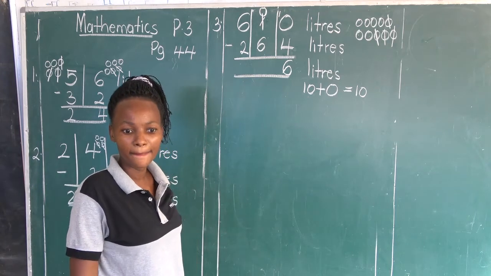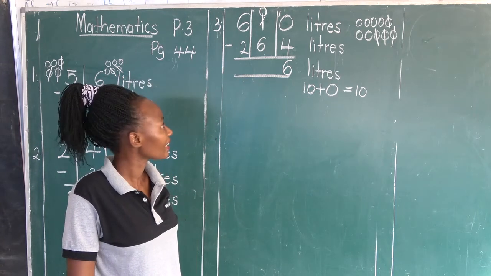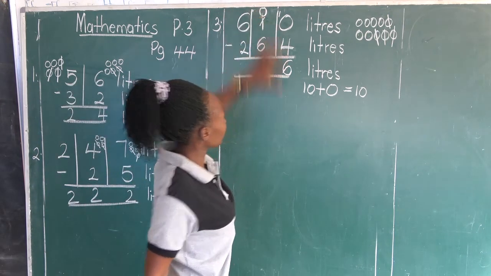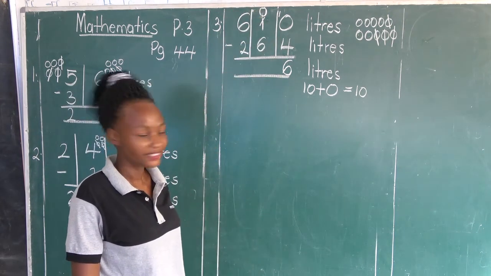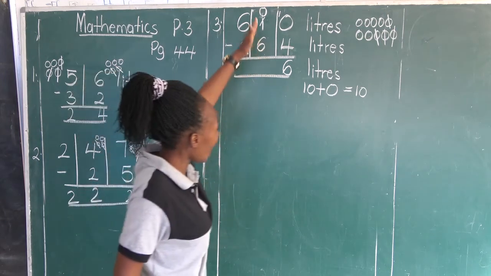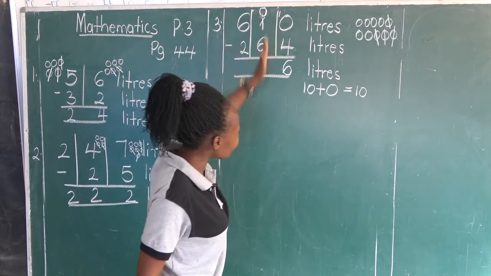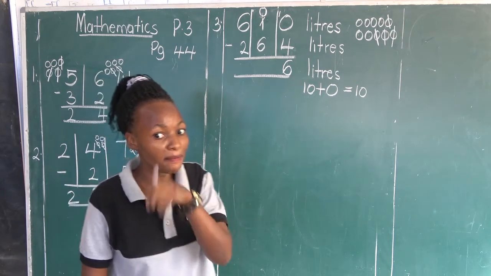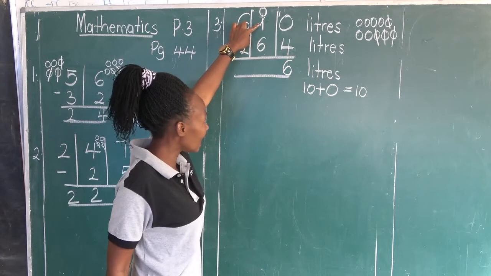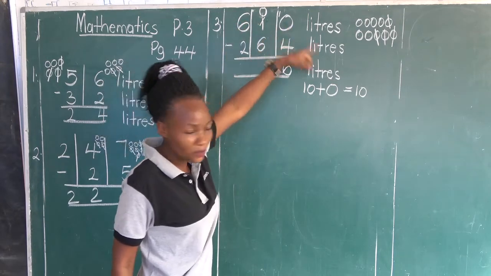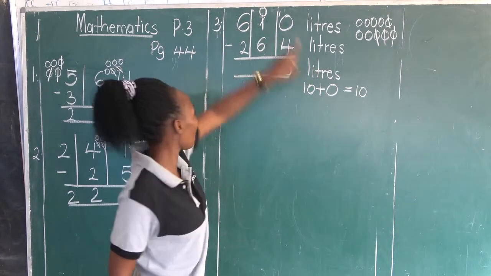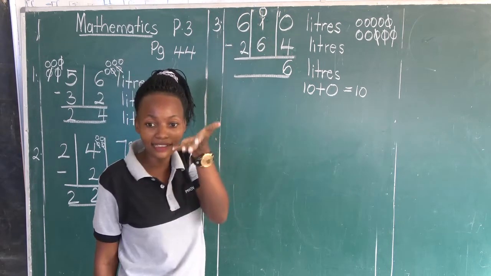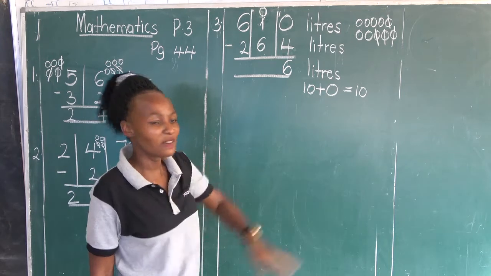Yes, Bella? 1 take away 6. Remember, we had 1 here. They had borrowed that 1. We remain with the 0. Here we have 0 because that number 1 was taken, which was already there. We remained with the 0.